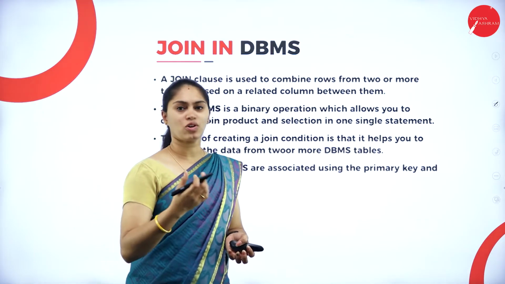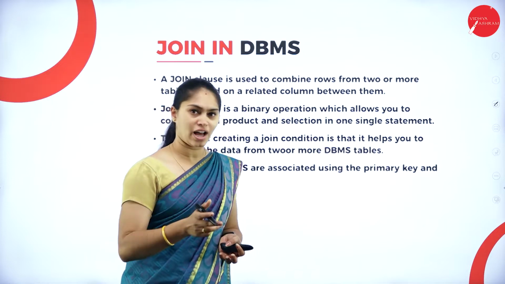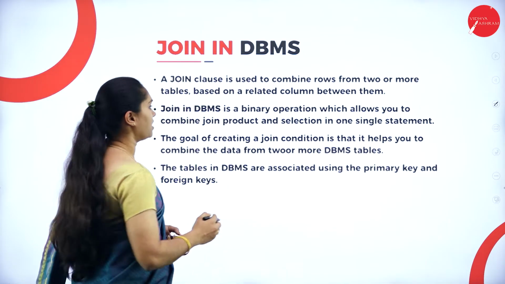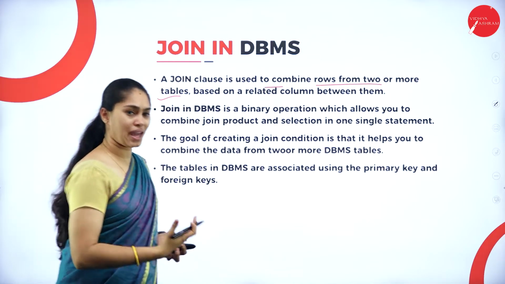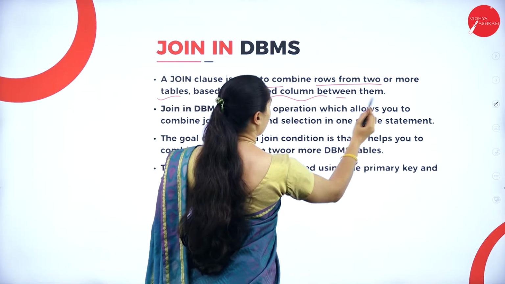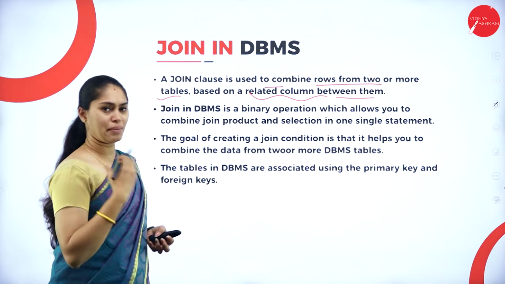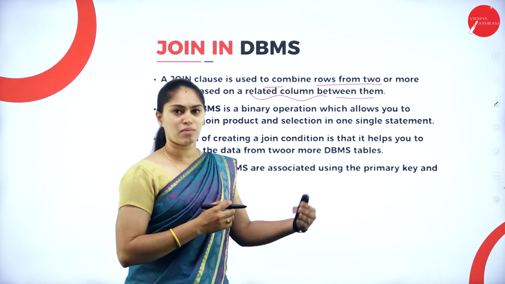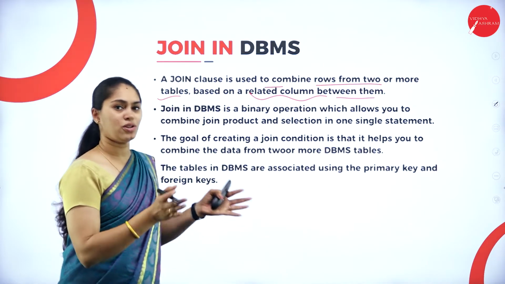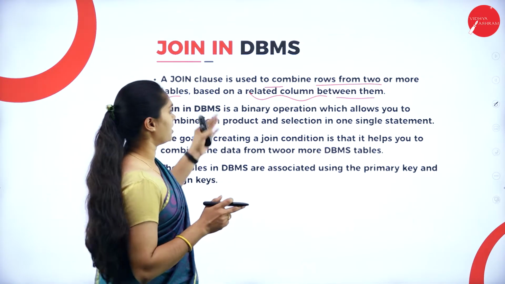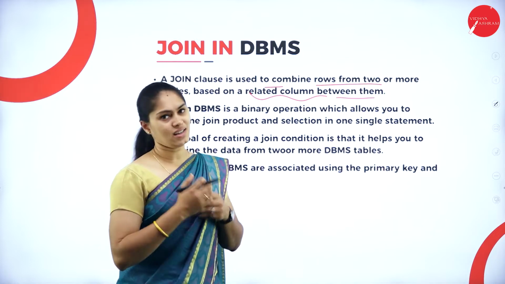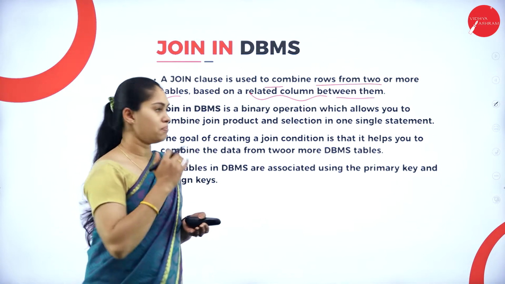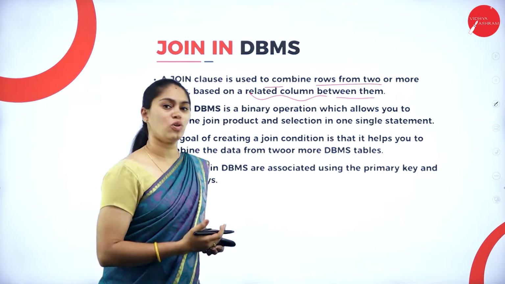We have a concept called join that allows us to combine the rows from 2 or more tables, based on a related column between them. So if I am combining the rows of 2 or more tables, it will be combined based on the column. Based on the attributes, we are combining the records, or tuples, or rows from one or more tables.